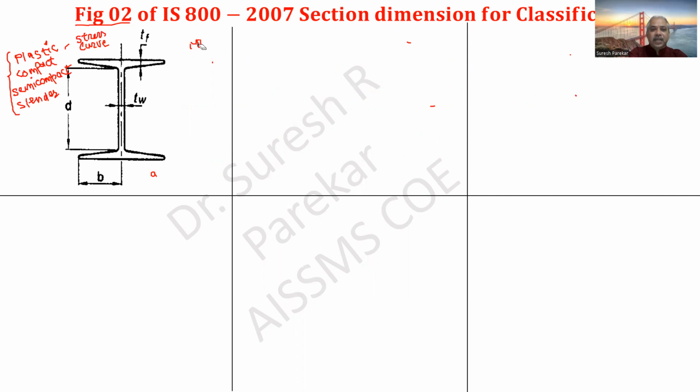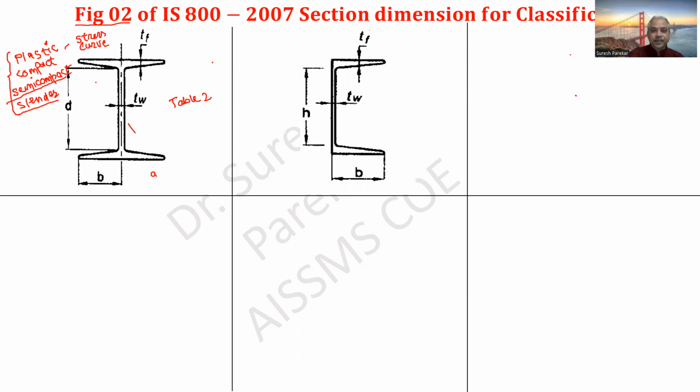On this basis, the IS code has given some values, and these are tabulated in your table 2. So you have to refer to table 2, and from table 2 you are in a position to answer the questions for plastic, compact, semi-compact. For these three we can use the section, but for slender we have to revise the section.